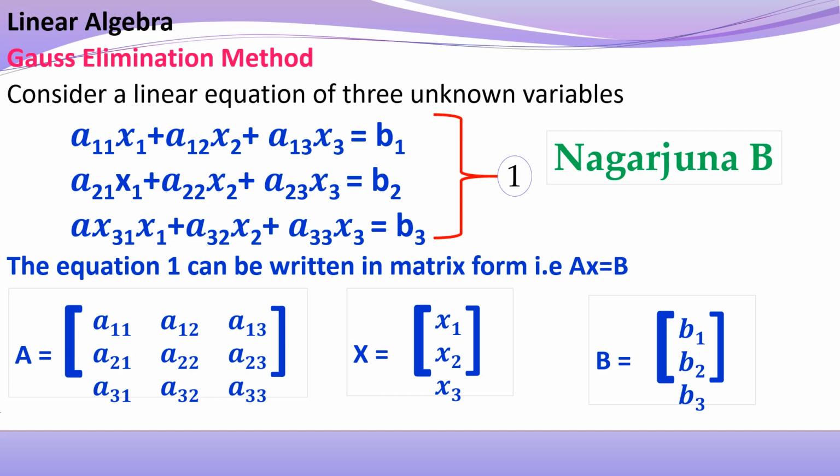And B is the matrix of constants which have been given, that is b1, b2, b3. So the equation 1 can be written in matrix form as Ax is equal to B, where A is the coefficient matrix of the system of equations, X is the matrix of unknowns, and B is the matrix of constants.